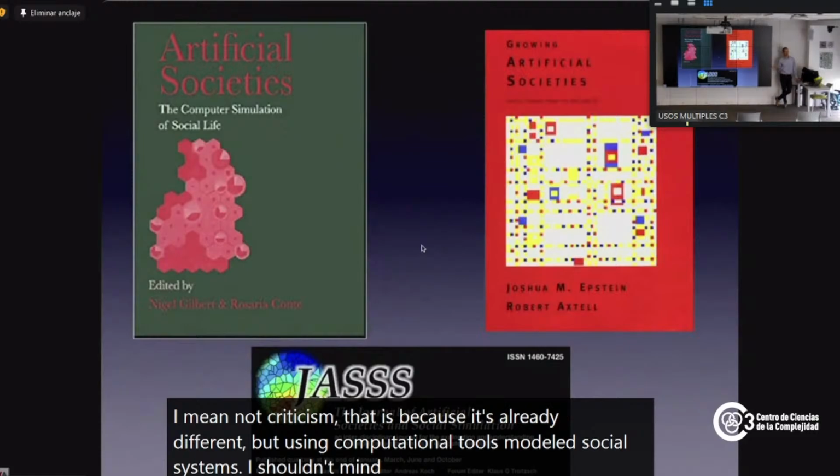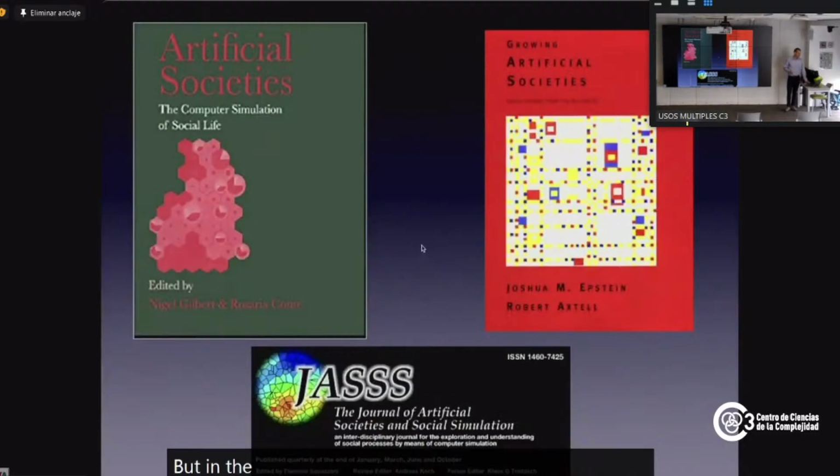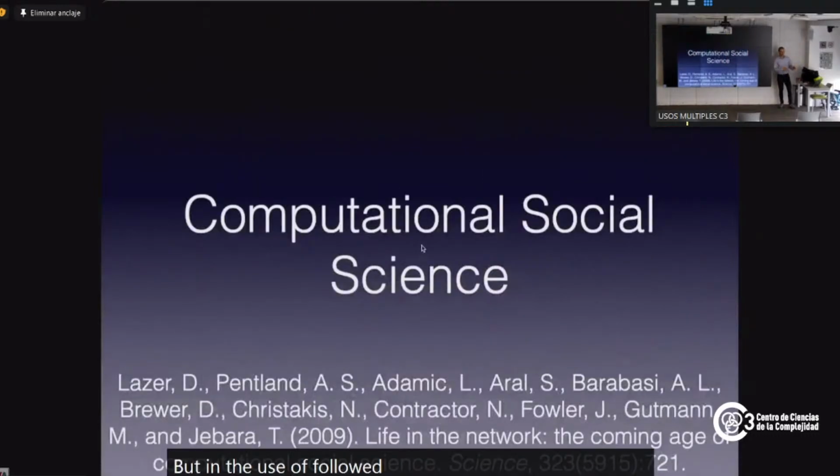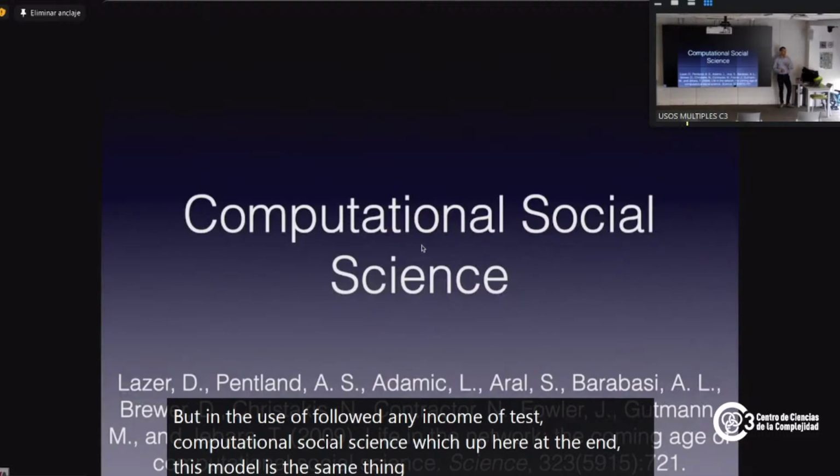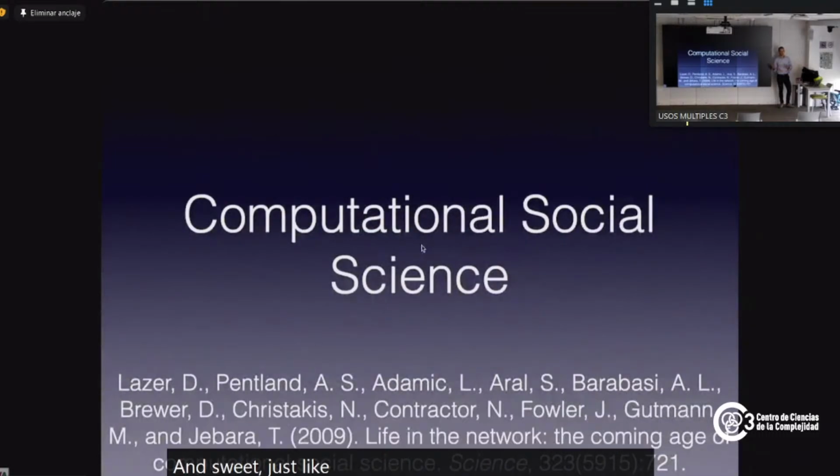Actually, my bachelor's thesis was on artificial societies back when the term was still popular, but in the years that followed, the name kind of changed to computational social science, which, at the end, is more or less the same thing. So it's just like with other complex systems, to use computer models, simulations, as models of the real systems using this synthetic method that we've mentioned.